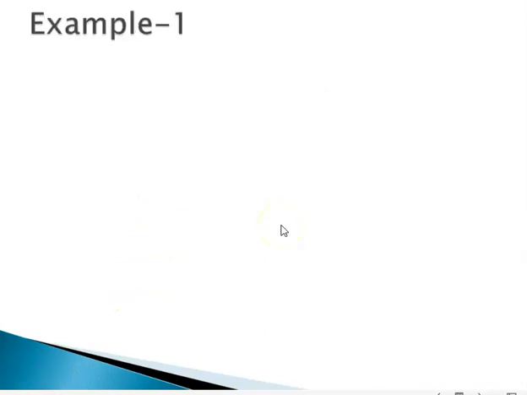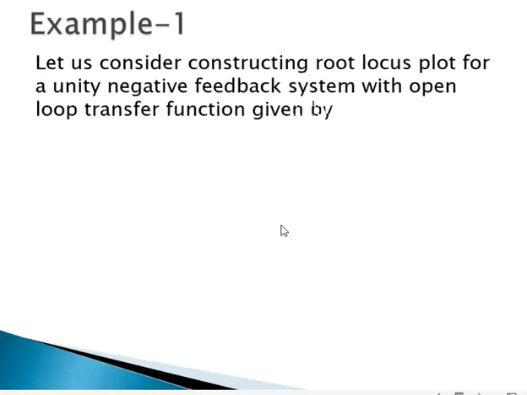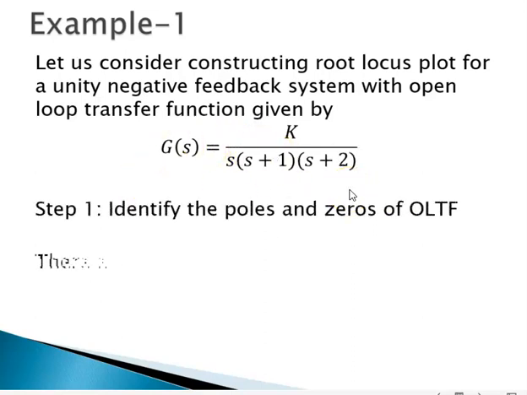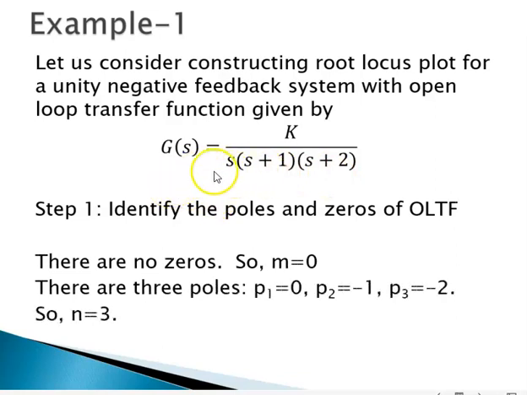With that, we'll continue into example 1, where we look at a unity feedback control system with the loop transfer function given over here. The first step, or first rule, is to identify the number of zeros. There is no polynomial in the numerator, so there are no zeros.